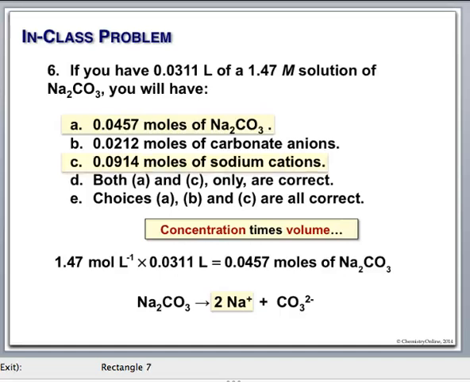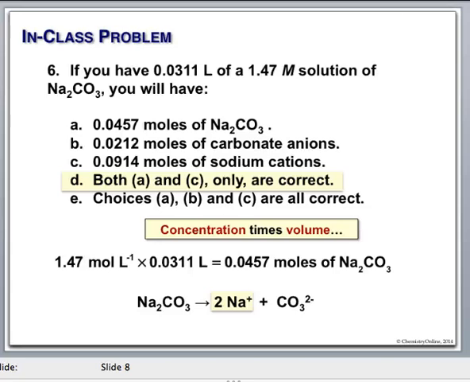Twice that, twice this, gives us the molarity of sodium ions. But if you just look at the question, you're not going to think that there's a coefficient of 2 in front of the sodium. Well, that's why it's written out. So A and C are both correct, which means that the correct answer here would be D.